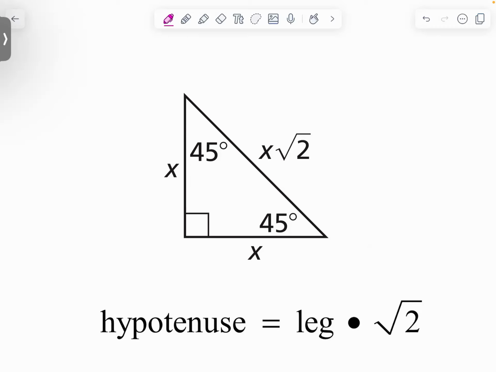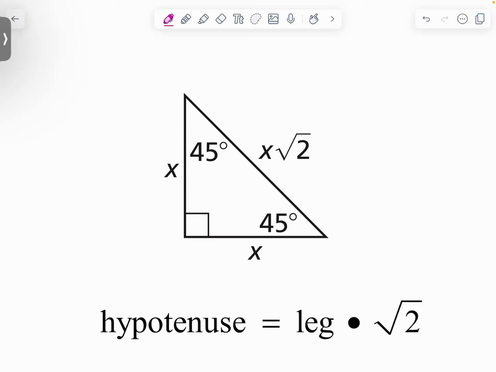When we do the Pythagorean theorem on an isosceles right triangle, every time you are going to get your hypotenuse to be square root of 2 times what the legs are. We're going to write it as a square root of 2.